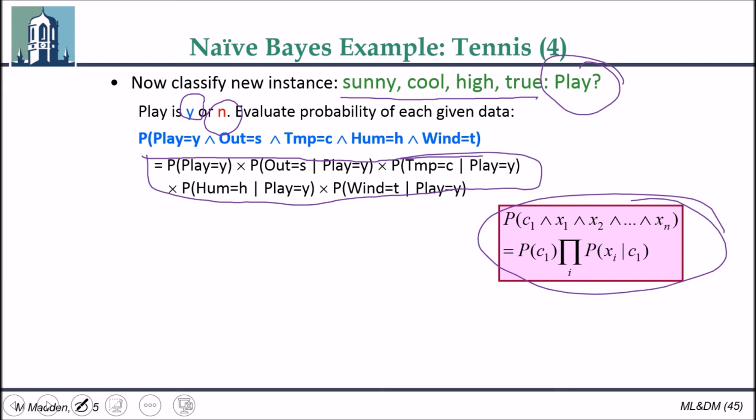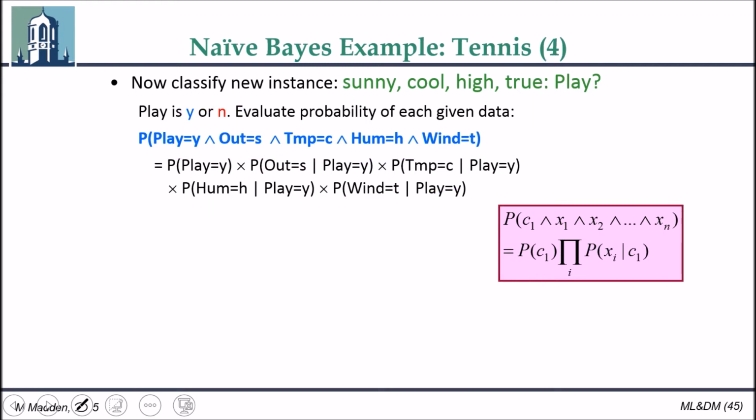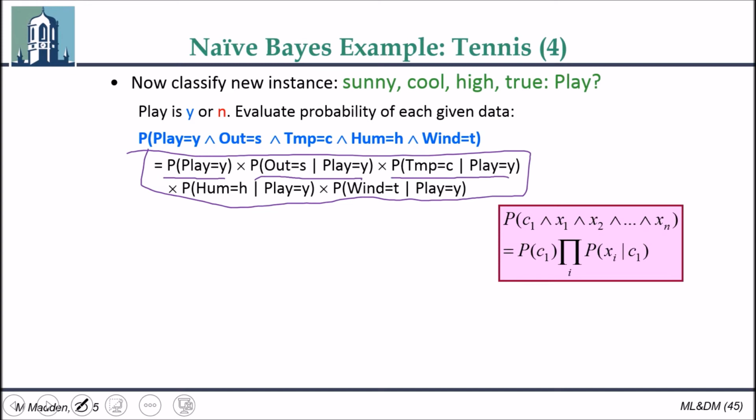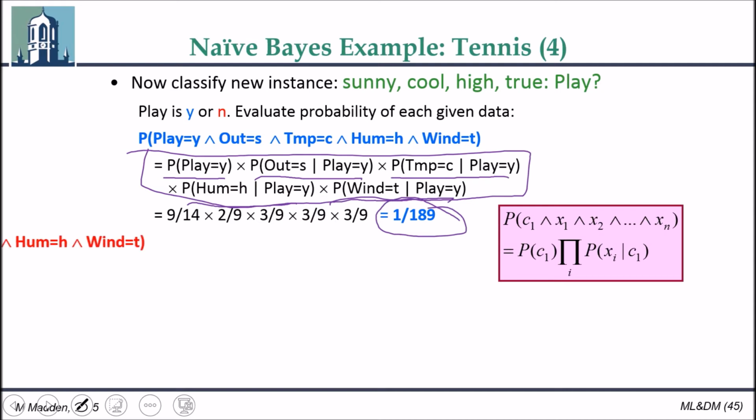We've got the prior probability of playing multiplied by the probability of outlook is sunny given that we play, multiplied by the probability of temperature is cool given that we play, multiplied by the probability humidity is high given that we play, and the probability that wind is true given that we play. We go back to the previous values on the slides, pull all those numbers, and we get a final value of 1 over 189 for the non-normalized probability that play is yes.